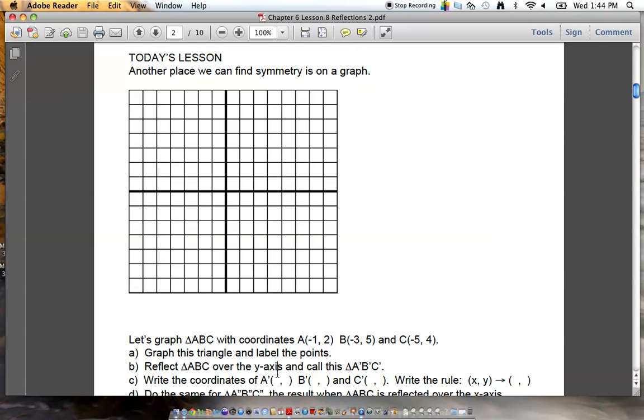Draw that, reflect it over the x-axis, reflect it over the y-axis. You do realize I'm giving you permission to work with people around you. You don't have to sit there silently.